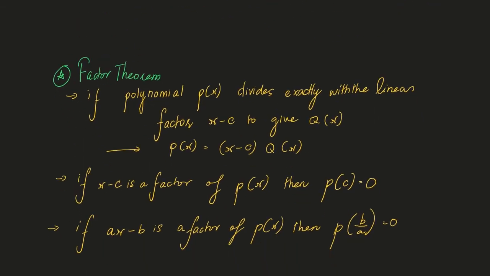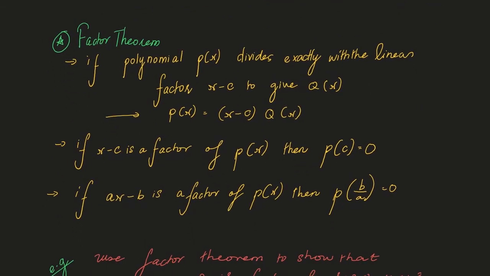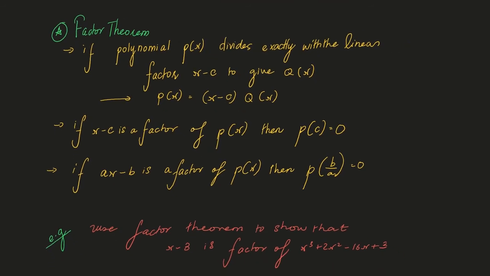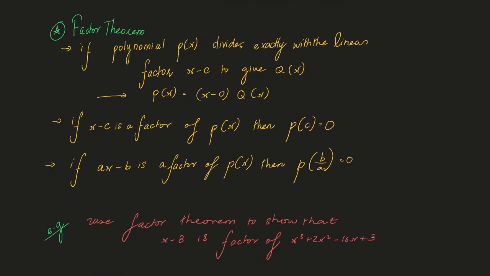To sum it up in a proper form, this is called the factor theorem. If a polynomial p(x) divides exactly by the linear factor x minus c to give q(x), meaning when we divide the polynomial by a certain expression we get q(x), then x minus c multiplied by q(x) is p(x).